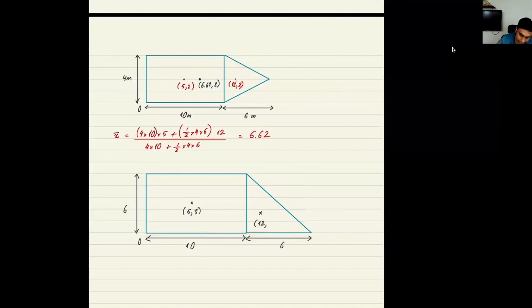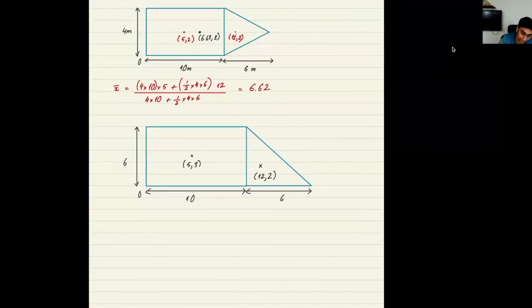And this length would also be 1/3 of 6. I told you, you can apply the same thing to the heights, so it's going to be 1/3 vertically, and 1/3 of 6 is again 2. So the y coordinate would be 2 for this one. And hence, in this case, I'm going to have to find both x and y coordinates.